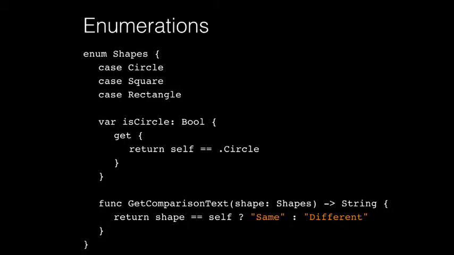Enumerations can have computed properties, not stored properties, and they can also have methods. So that's kind of different. So the dot circle syntax means, down in your method you have return self equals dot circle, or sorry, in your computed property. Oh yes, good point.